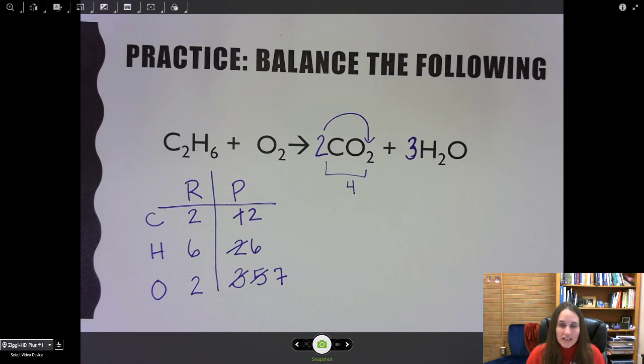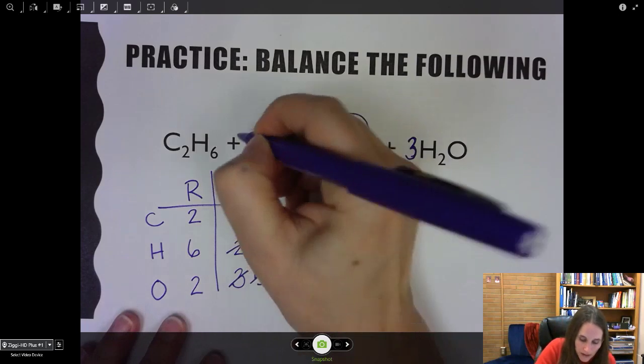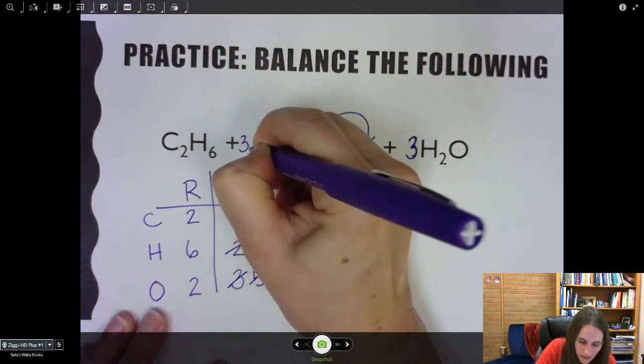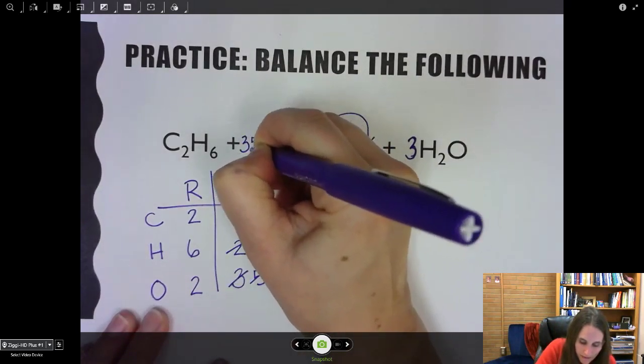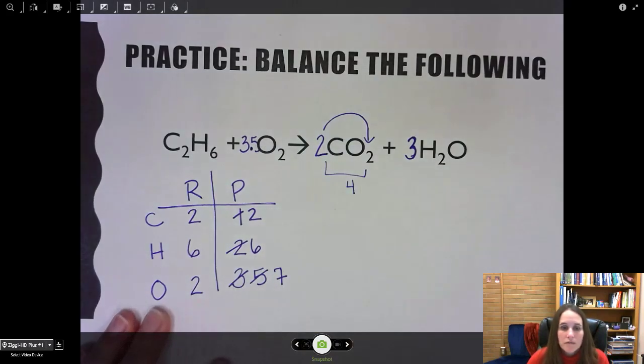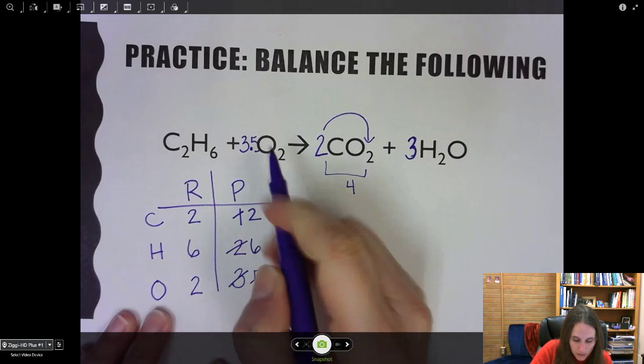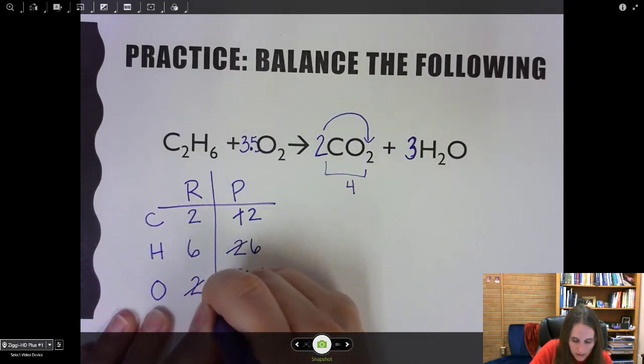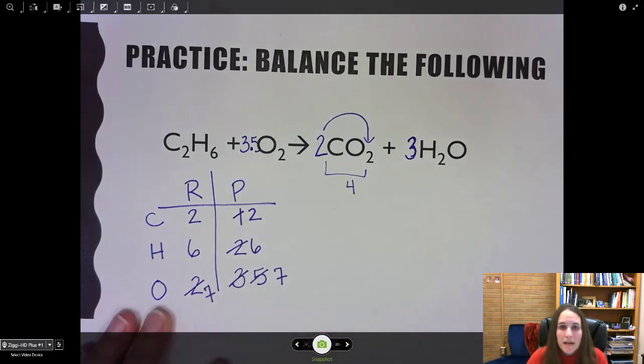Another strategy is to add an additional step, which is go ahead and use a decimal, use a fraction to start. So for example, if I put 3.5 here in front of my oxygen, 3.5 times 2 is 7, and they're now balanced.